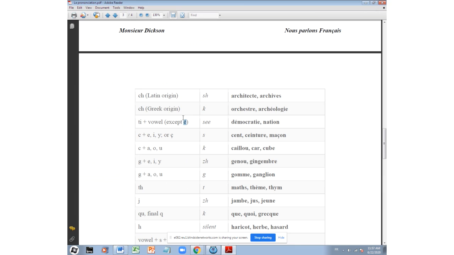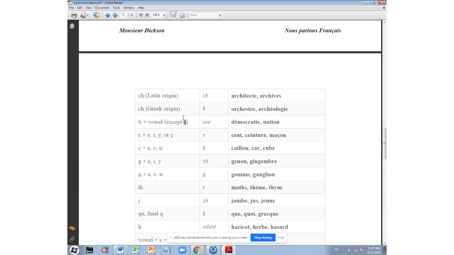Anytime you have a word ending with T-I-O-N or S-I-O-N, the two are pronounced the same as sion, with the nasal sion. So we say nation, salutation, organisation, appellation, association. Okay? Note that.